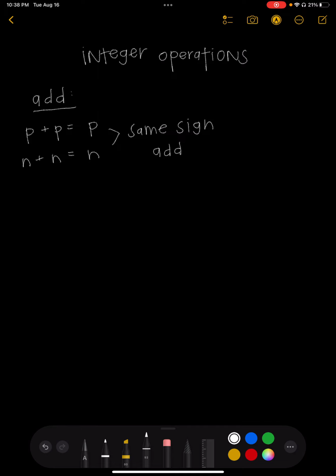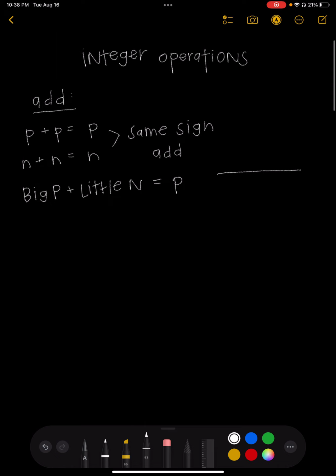Okay, now what if I have a big positive plus a little negative? Well, that will give me a positive, because if I say 10 plus a negative 3, and we think about it on a number line, let's say this is 10, and I'm going to add negative 3 to it.